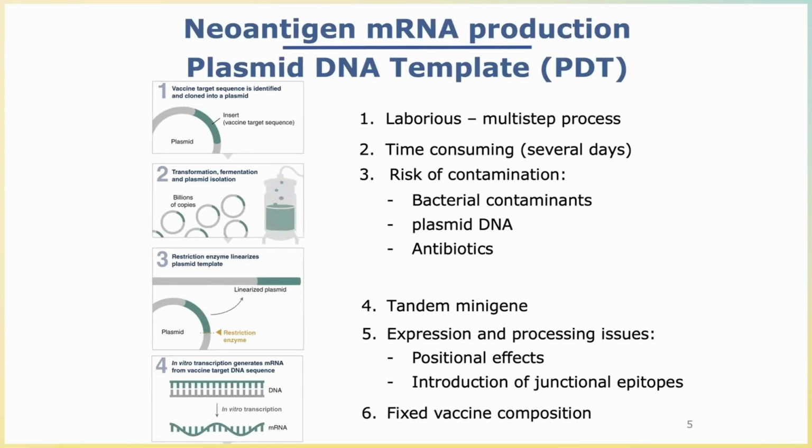And of course, something else that comes along with that is that it's a fixed vaccine composition. So if during analysis, it would turn out that one or multiple of the neoantigens included in the tandem minigene is actually not immunogenic, not eliciting a T cell response, you can actually not just simply take it out. You have to start over again with your plasmid preparation and go through the 4 steps that are shown here. And this for us was something that we wanted to circumvent.